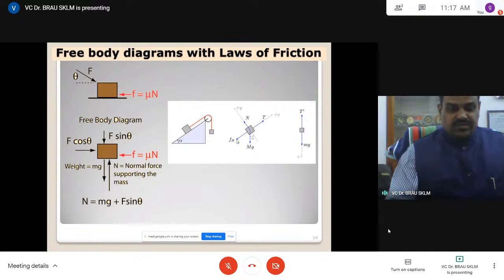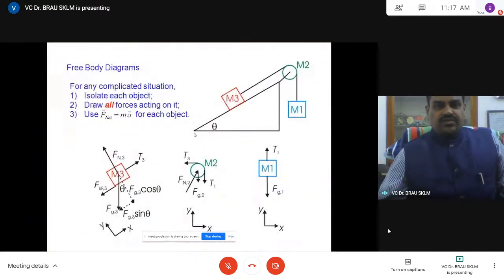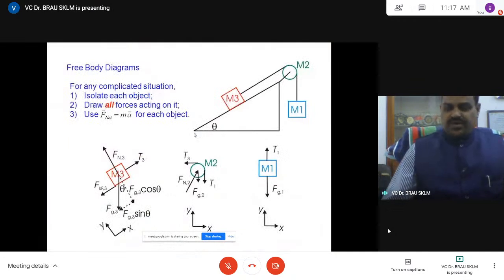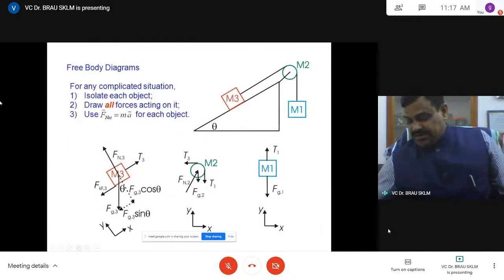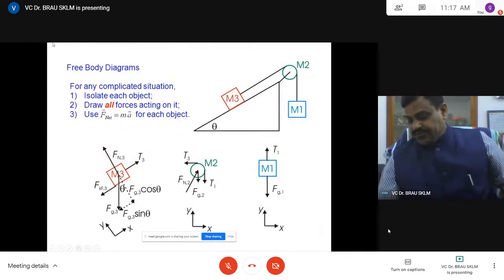See, now let us come to a similar example to what I have done previously, but here I am considering the pulley also. M2 is the pulley weight. Earlier the weight was negligible and there was no reaction force. Otherwise the problem is the same as the previous problem.